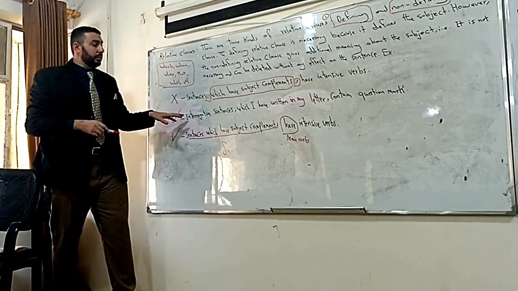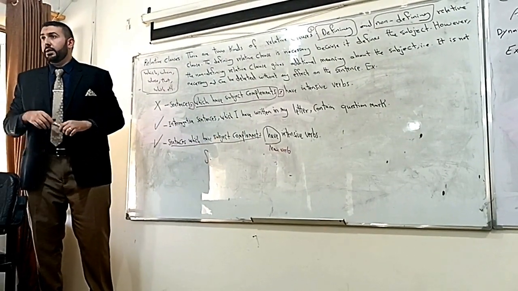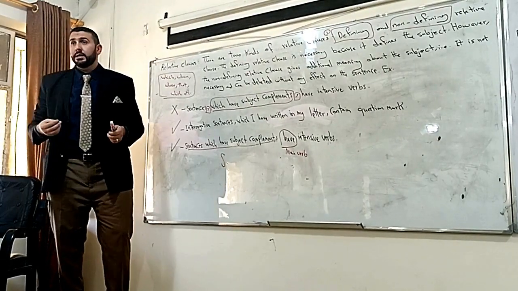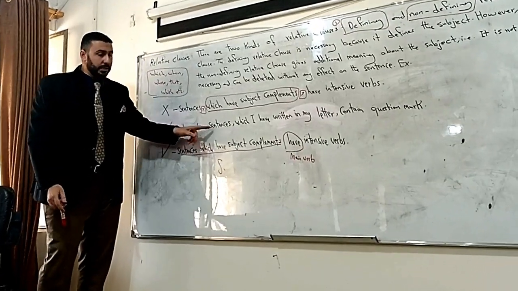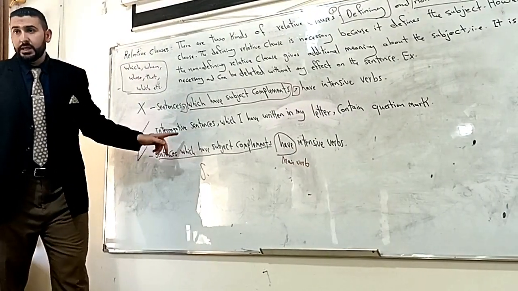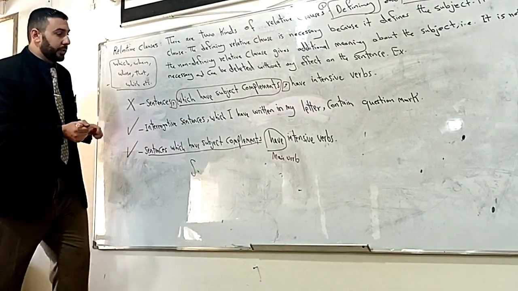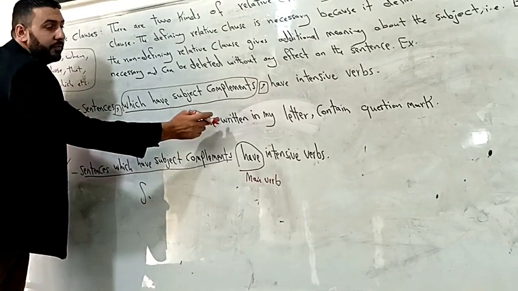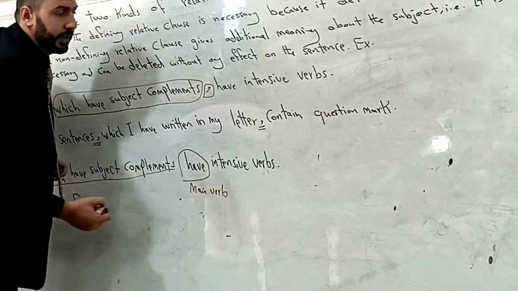Okay. Now let's have a look at the second kind of relative clauses, which is non-defining. For example, interrogative sentences, which I have written in my letter, with a comma here and another comma there.